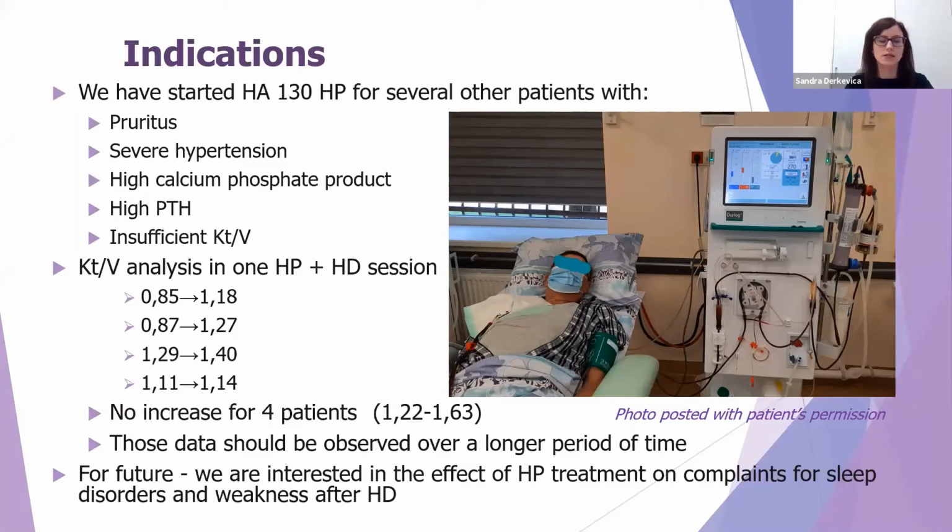And analyzing KTV in 1 hemoperfusion and hemodialysis session, which for now, due to no recommendations and instructions from the manufacturer, we perform this hemoperfusion during all hemodialysis session during 3.5 till 4 hours. So we get that for 4 patients there was increase in KTV, but no increase for another 4 patients. So those data should be observed over a longer period of time.